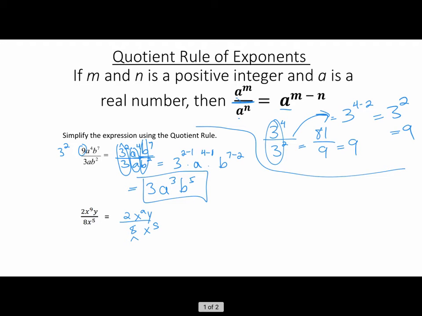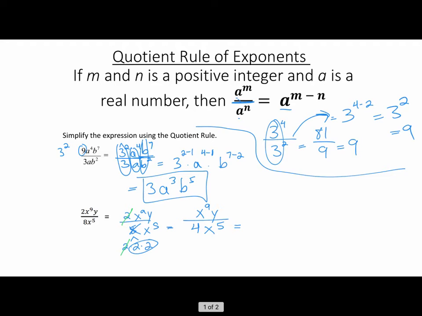So remember, 8 is 2 times 2 times 2. Okay. So now we can divide a factor of 2 from the numerator and from the denominator. And that means we still have 2 factors of 2 in the denominator. So 2 times 2 is 4. Everything else is staying the same.